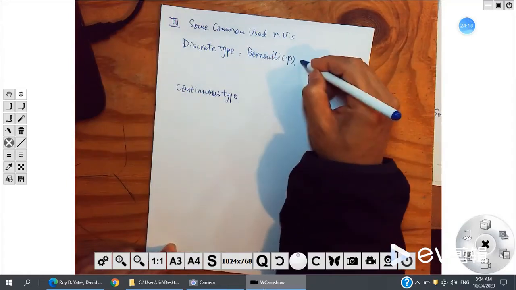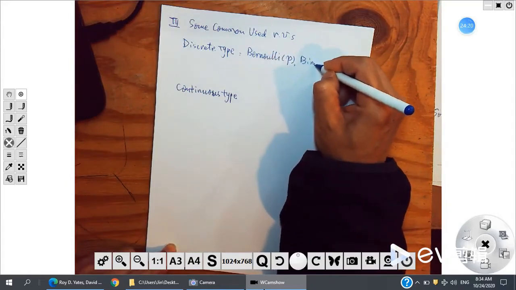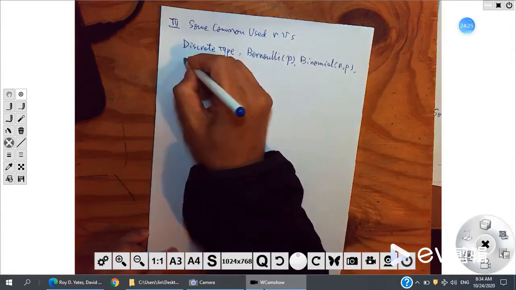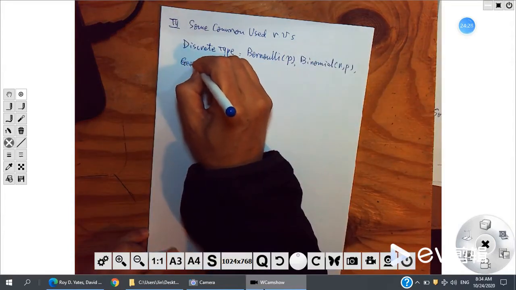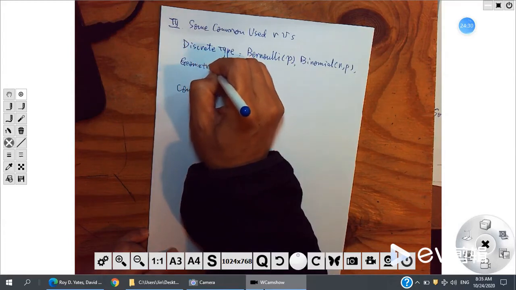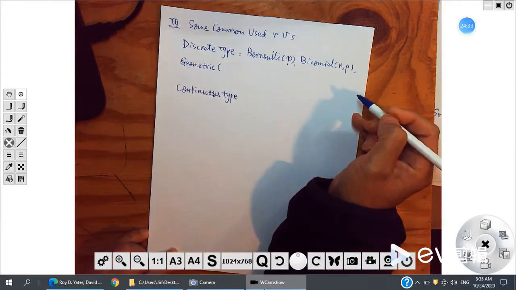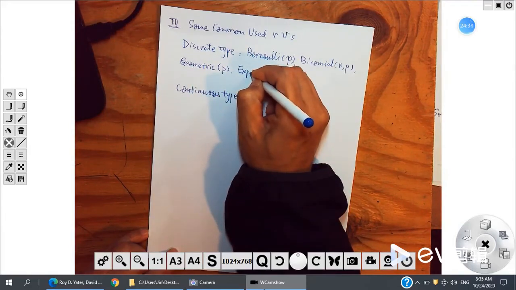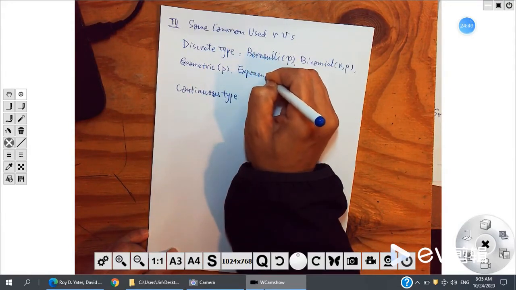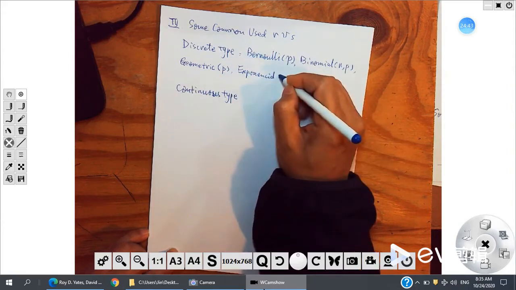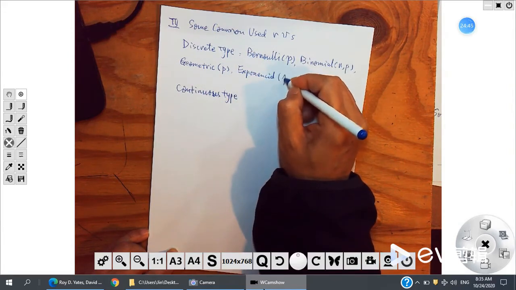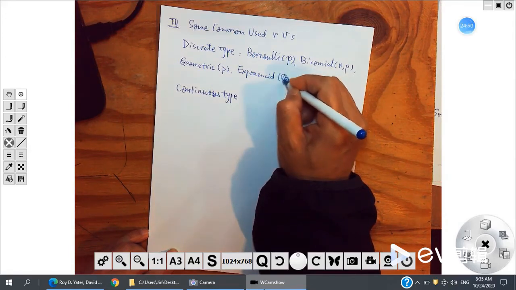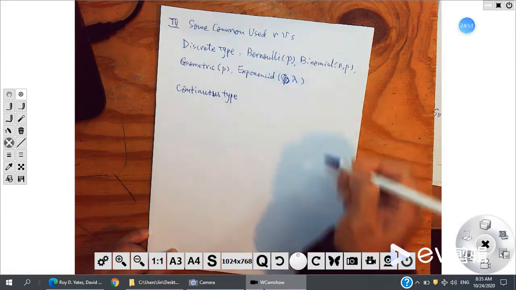And then we have binomial N and P. We have the geometric, that is just a P. We have the exponential, which is lambda.